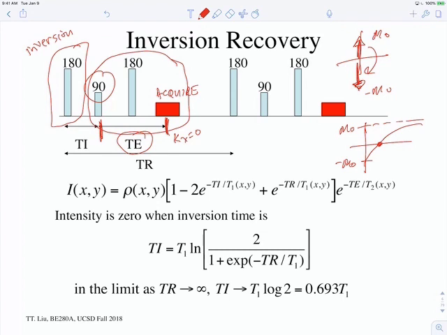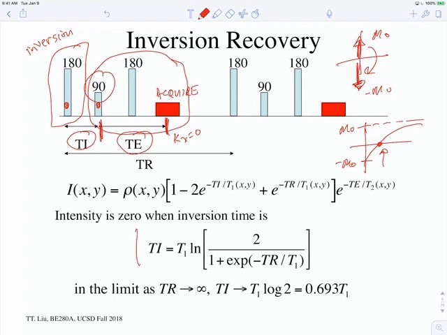And that's the key. We're going to say, okay, that's really useful. That means we can get rid of signals we don't want, right? If we time things correctly, we can zero out signals if we acquire at this point in time, all right? And it turns out that this TI is called the inversion time. It's the time between this inversion pulse and the 90-degree pulse, okay?